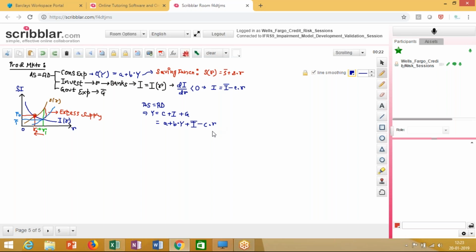This is a part which we theoretically talk about from an economics perspective.